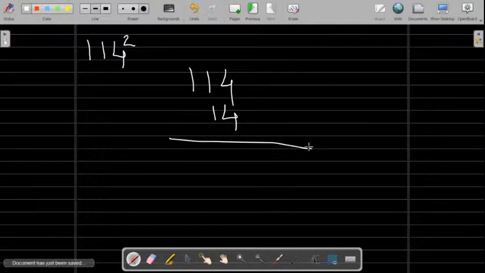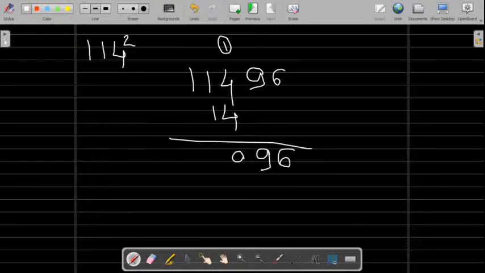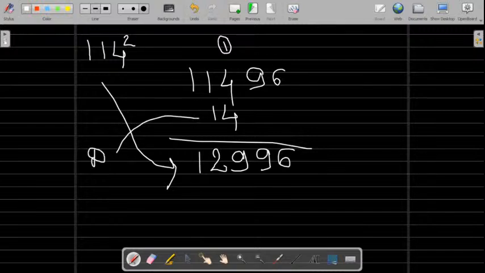That we have to add, and 14 square is 196, and the carry will come here. So 12996. So that is the square of this number. So these are the shortcuts. What is this? It is the difference from 100 that we have taken.